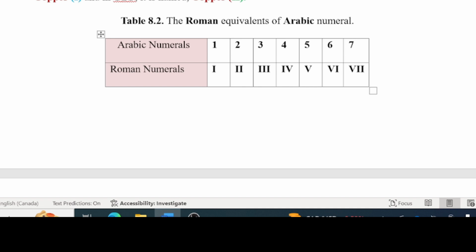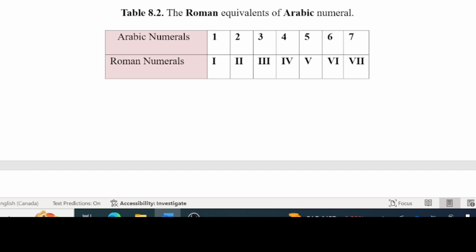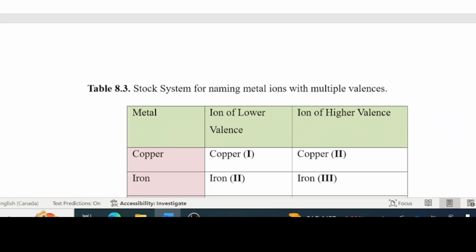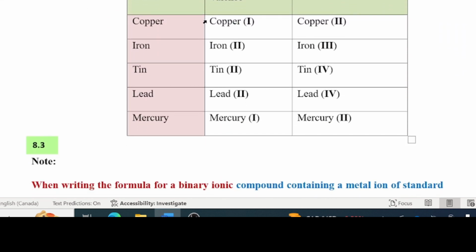These are the Arabic numerals here, and these here are the corresponding Roman numerals. Okay? These are the Roman numerals that are used in parentheses depending on the charge on the metal ion. Let's go see some now. Same thing here, showing you the upper and lower valencies for these ones.